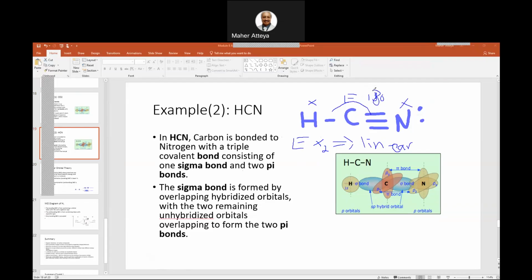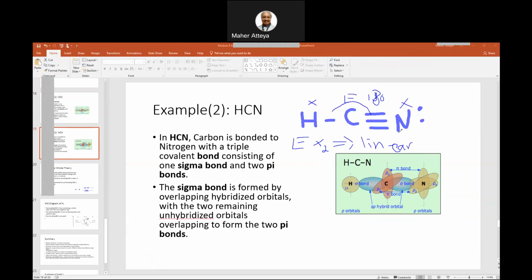It's linear, so will be what? sp2, sp, or sp3? Let me repeat: sp3 is single bond, sp2 double bond, sp triple bond. So this one on carbon has to be sp, correct? Has to be sp on carbon.